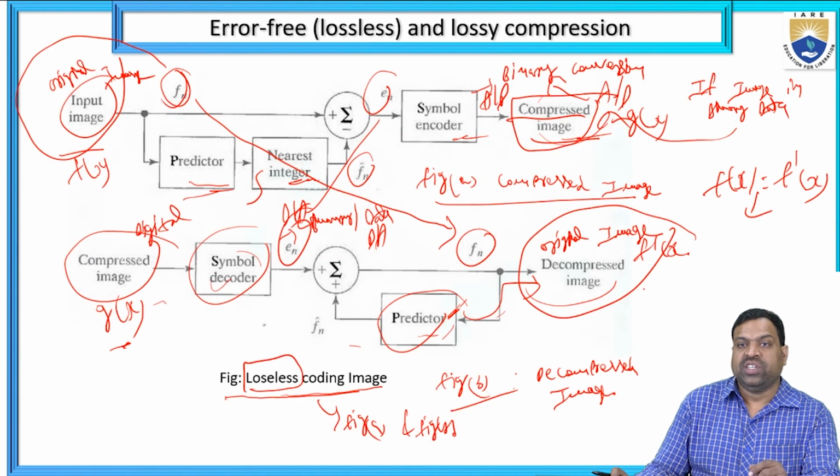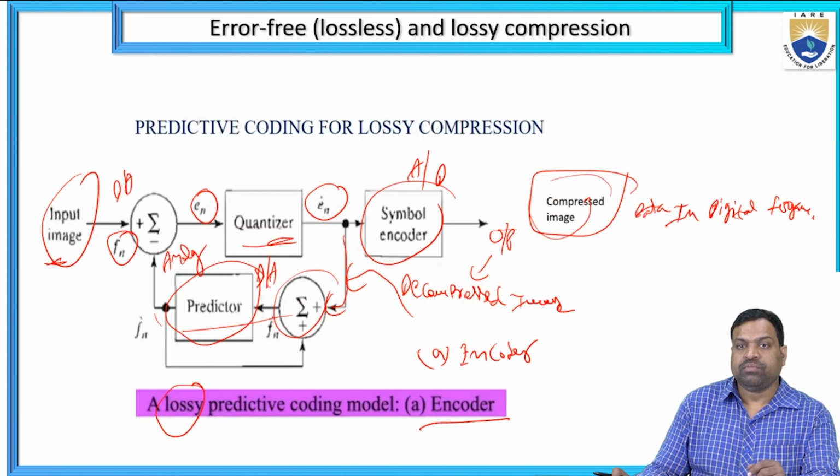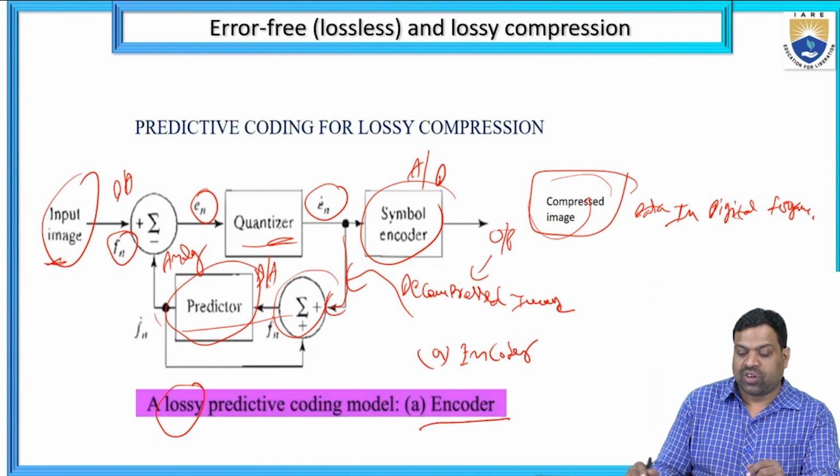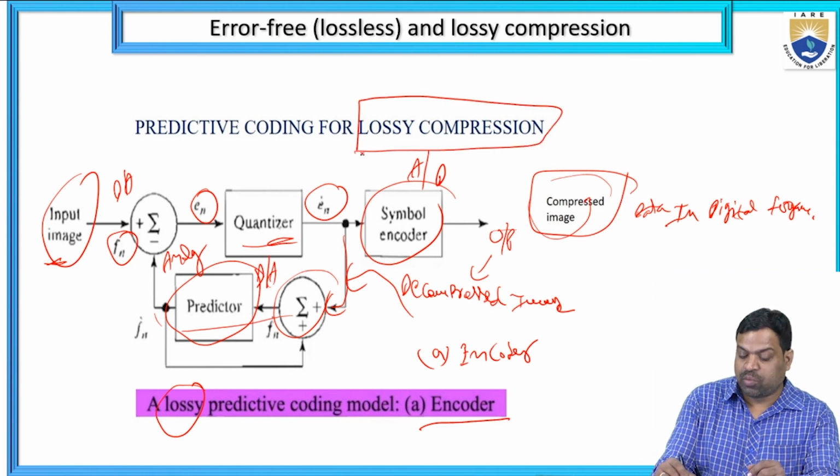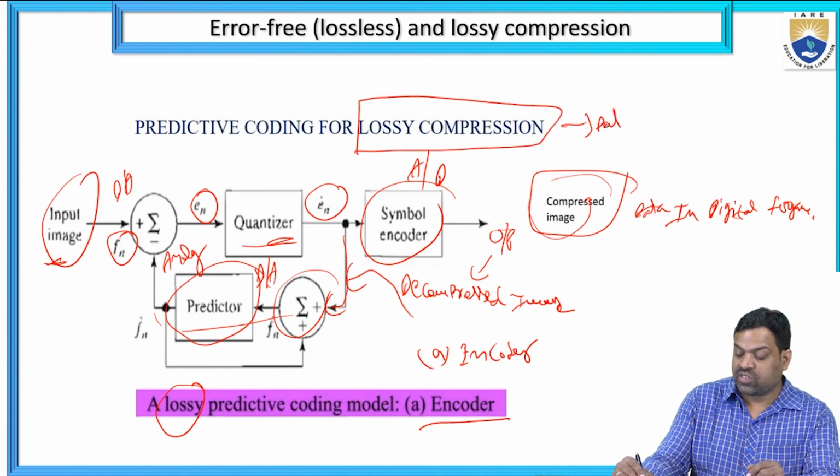And this is a block diagram of lossless coding of an image. Figure A is a compressed image, figure B is a decompressed image. And a lossy predictive coding model is an encoder model. Here is predictive coding for lossy compression. Lossy compression means data loss.